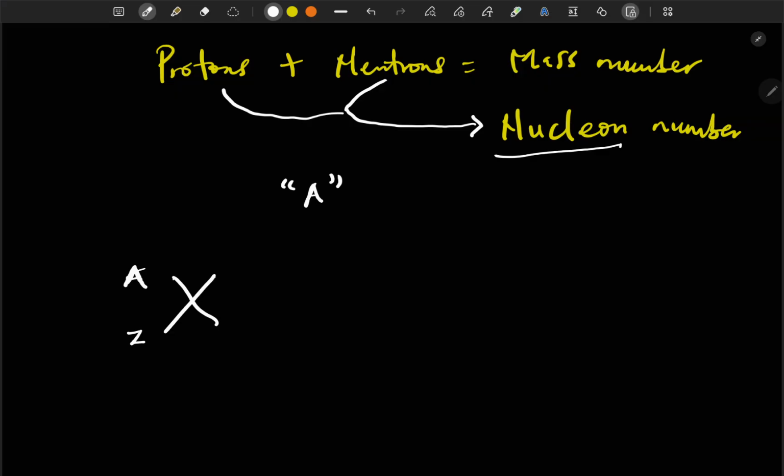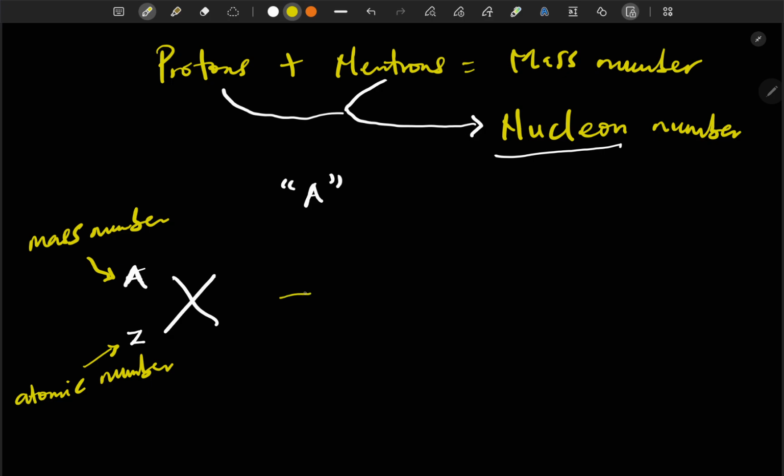So if you see an element written in this way, the number here as a superscript is the mass number, while the number written as a subscript is the atomic number.